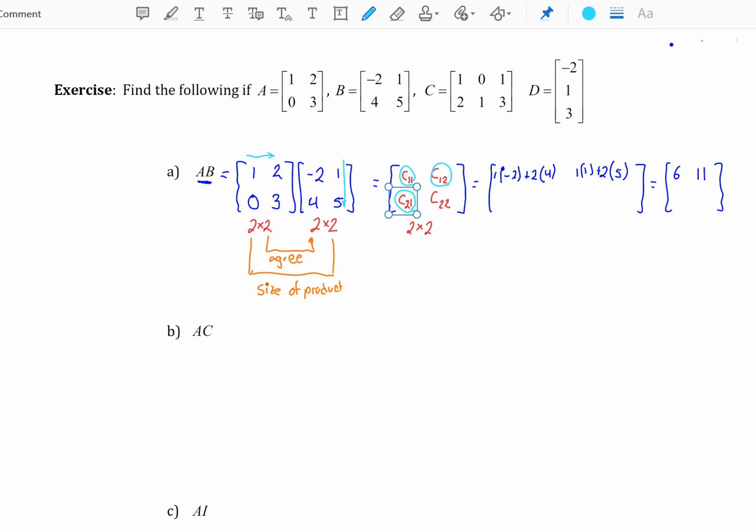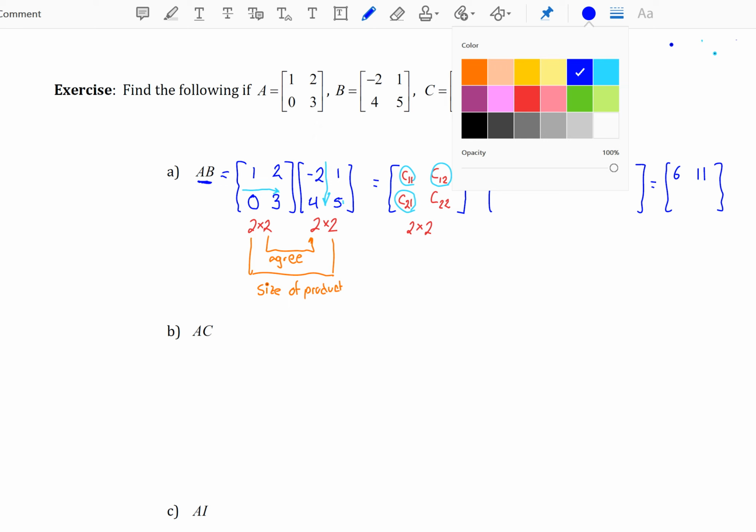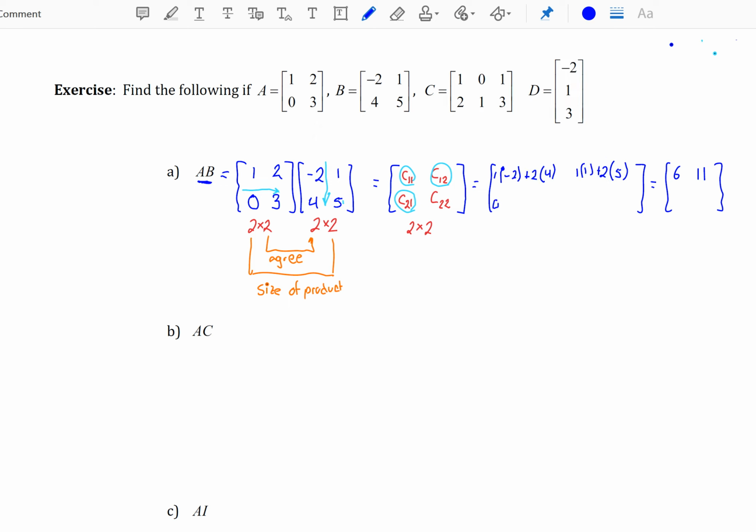The 2,1 position. We'll take the values in the second row of A times the values in the first column of B. So I believe it should be 0 times negative 2 plus 3 times 4.